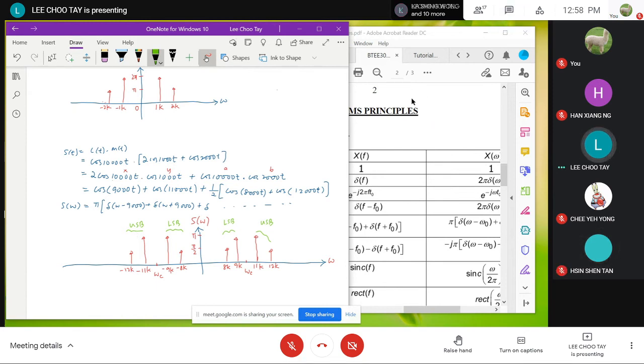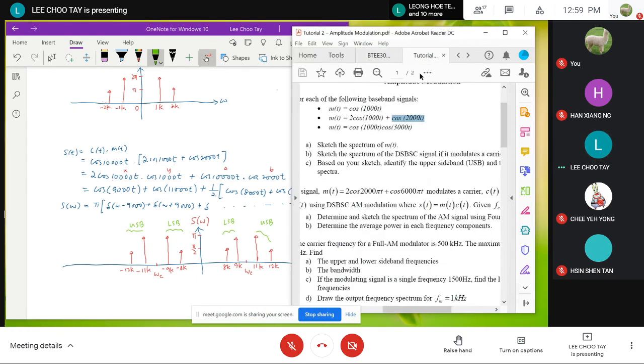Clear, good. Then I would like you to go through everything yourself again for the third baseband signal. But be careful of the third baseband signal, because if you look at it carefully, it's actually cos 1000t multiplied with cos 3000t.